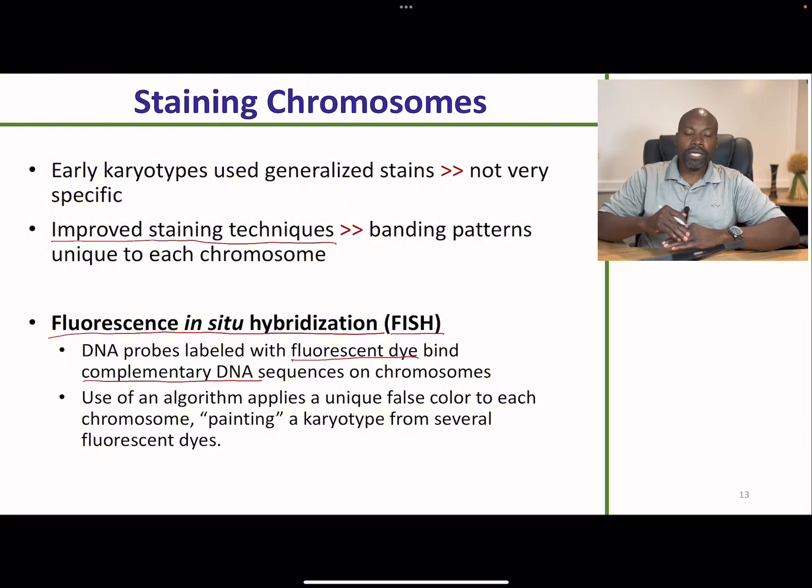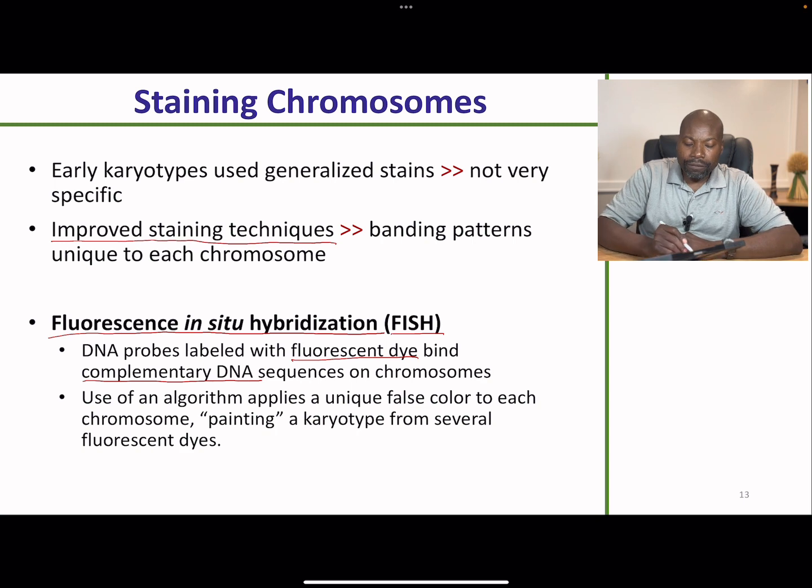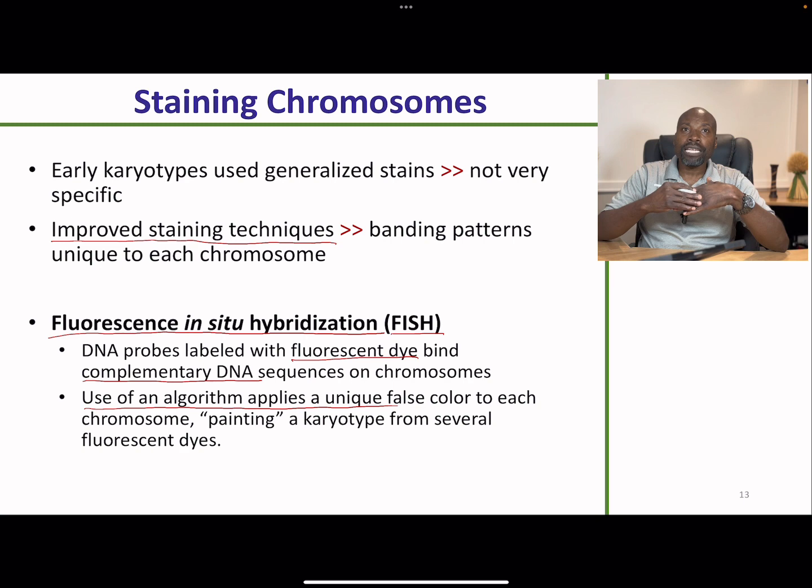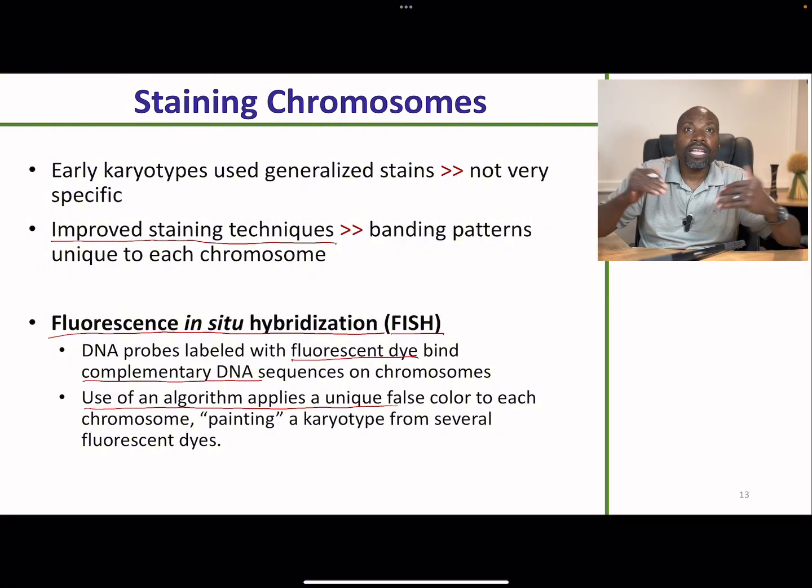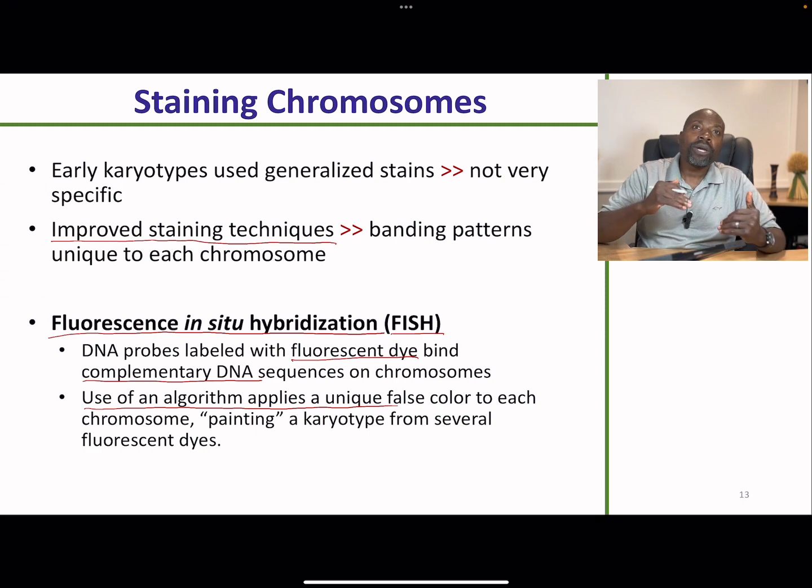The reading is going to happen on a computer with the use of algorithms that allow us to see the chromosomes as if we could see them with our naked eye. Obviously, we don't see them with our naked eye, but it appears on the computer as if we could, showing us at different locations where the probe went and attached, and we see different bands on the chromosome.